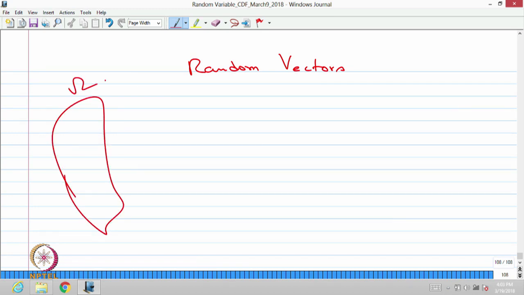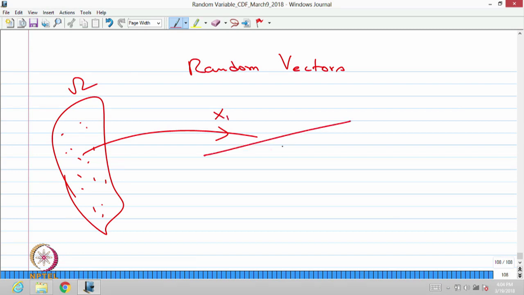The omega consists of many samples. It could be finite, countably infinite, or uncountably many. One random variable is defined as x1. Another random variable defined from the omega is x2.